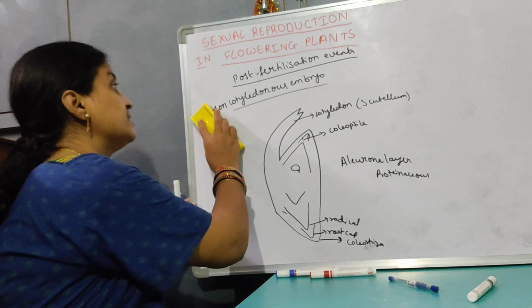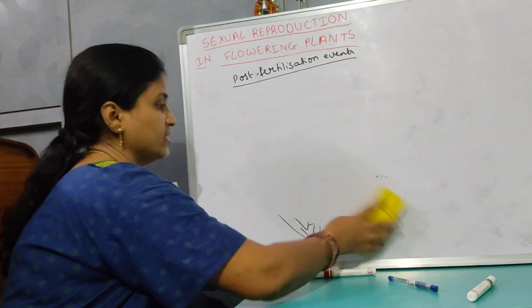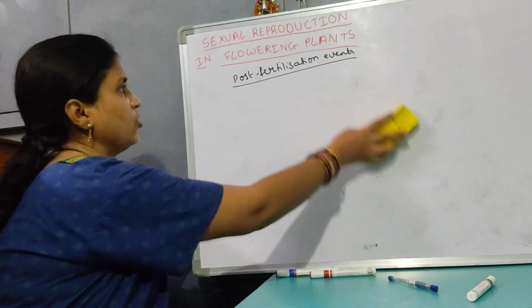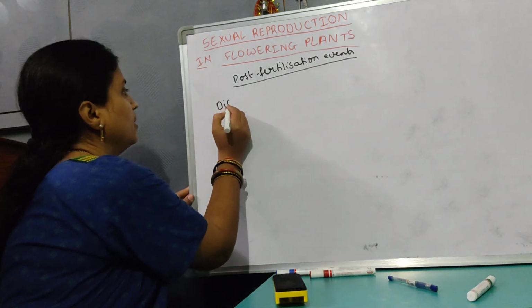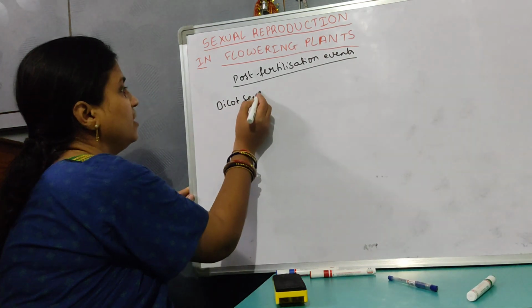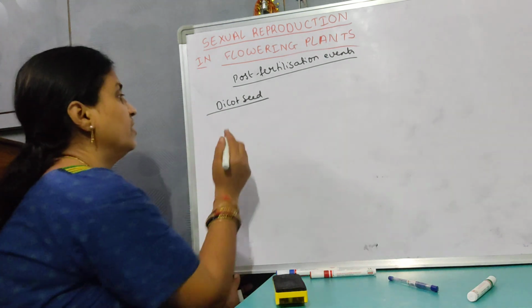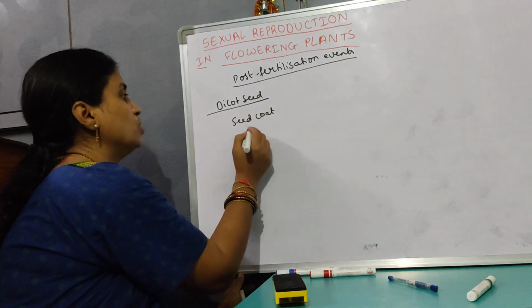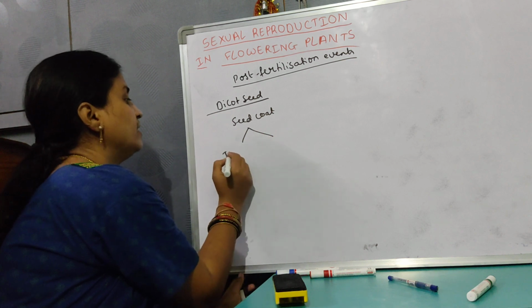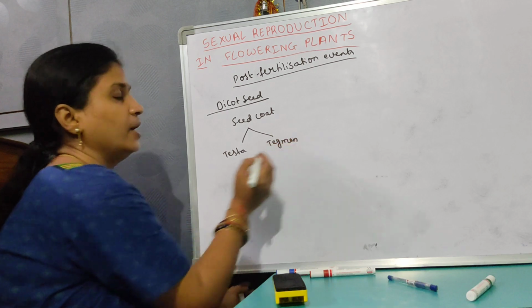Coming on to the seed, we are going to study the dicot seed and monocot seed. It's very simple. Dicot seed: here the seed is covered by an outer covering called the seed coat, and this seed coat has two covers: the outer testa and the inner tegmen.